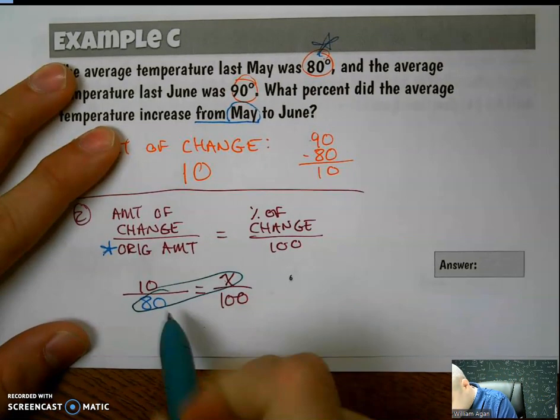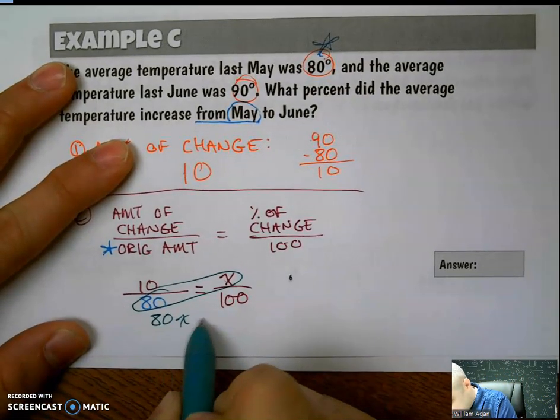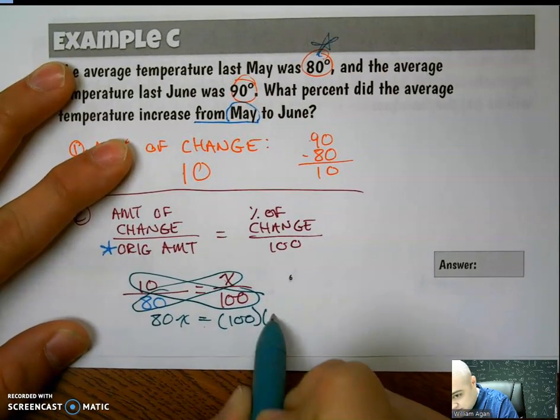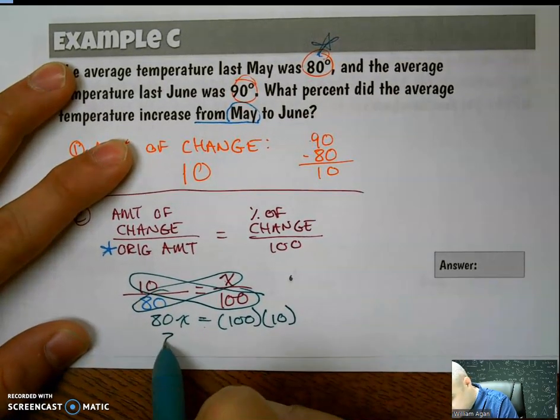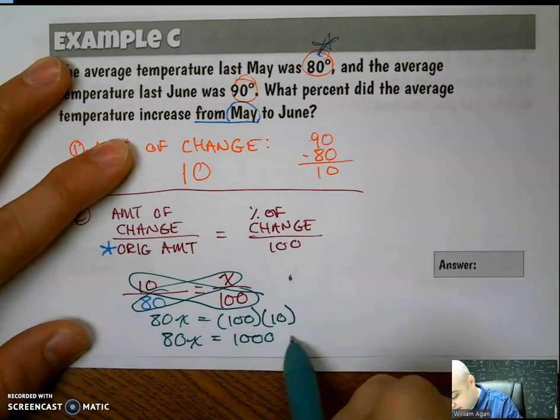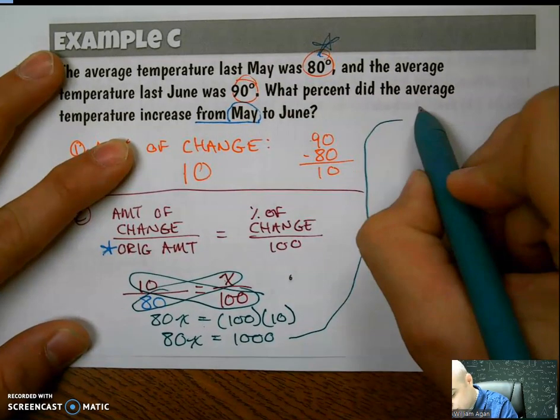80 times x is 80x, and that equals 100 times 10. So 80x equals 1,000. I've run out of room, so I'm going to bring that over here.